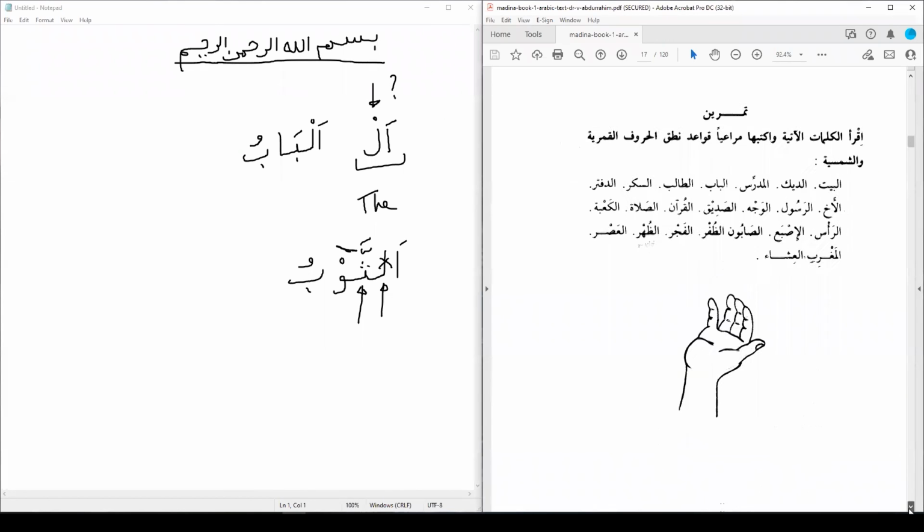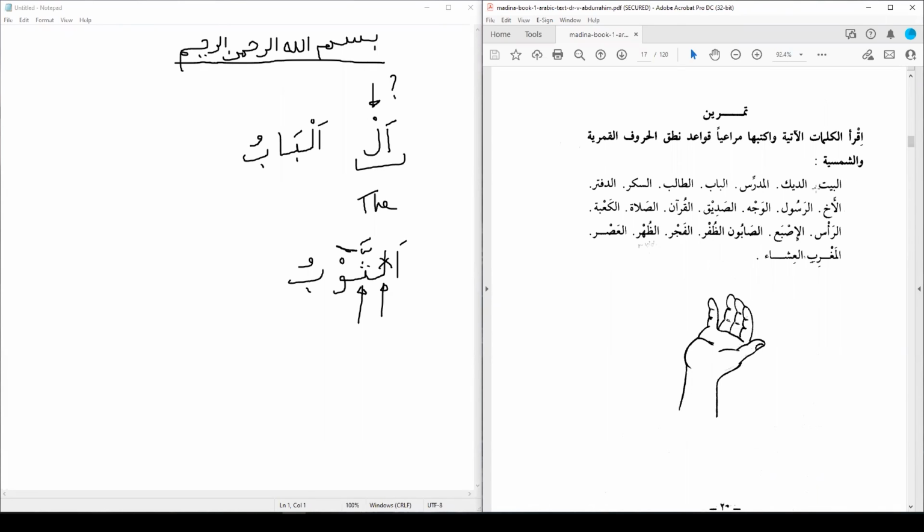On the next page now, this is a verbal exercise for the student. You have to read this list of words and take into consideration if you will be pronouncing the lam or if you will not be pronouncing the lam. So do I say, for example, in the first word, it says al-bayt.